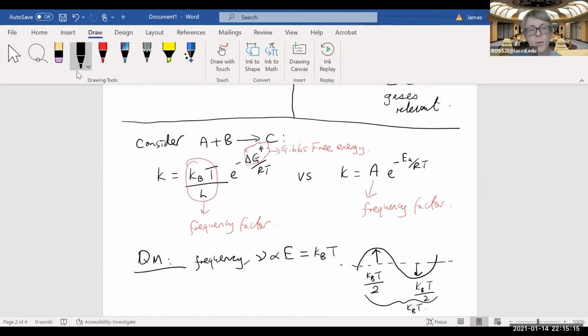So this is proportional to an energy term. So we have an energy term and an energy term, or another way to think of it, a temperature and a temperature. So this formulation of what this frequency factor means in the Eyring equation, even without going into the thermodynamics in the notes, starts to make sense.